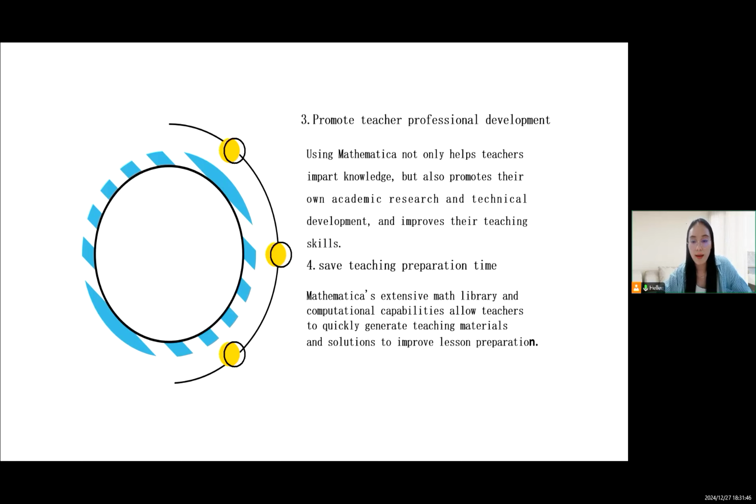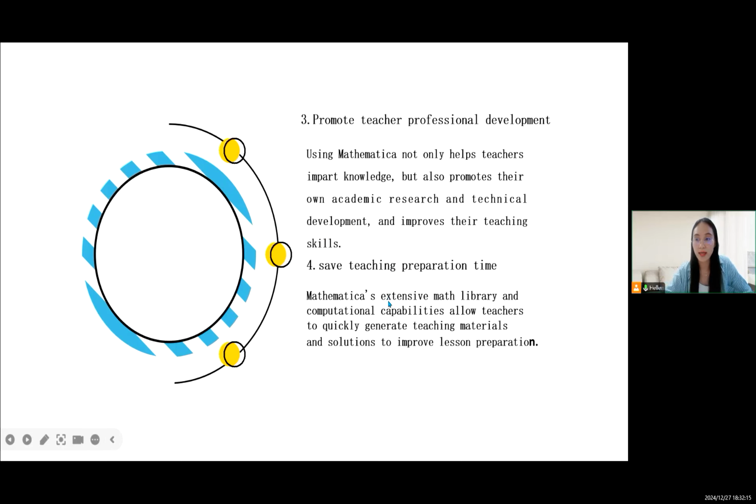And mathematics' extensive math library and computational capabilities allow teachers to quickly generate teaching materials and solutions to improve lesson preparation. And normally, through the mathematics, it gives very good examples for students to do exercises. So I think it is very good.